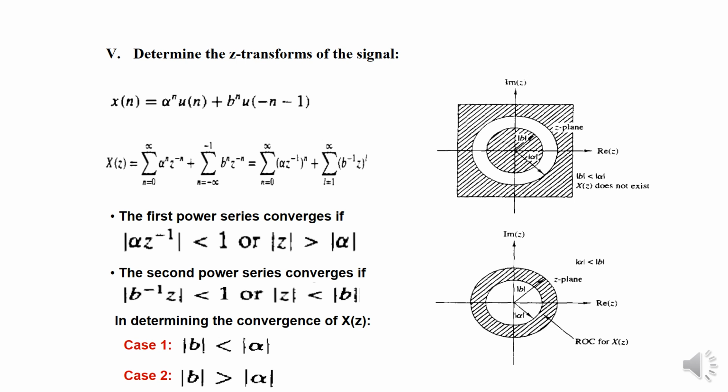So this is like the previous function. It will exist from n equal minus 1 to minus infinity. So n equal minus infinity to n equal minus 1, b^n z to the power minus n, right?